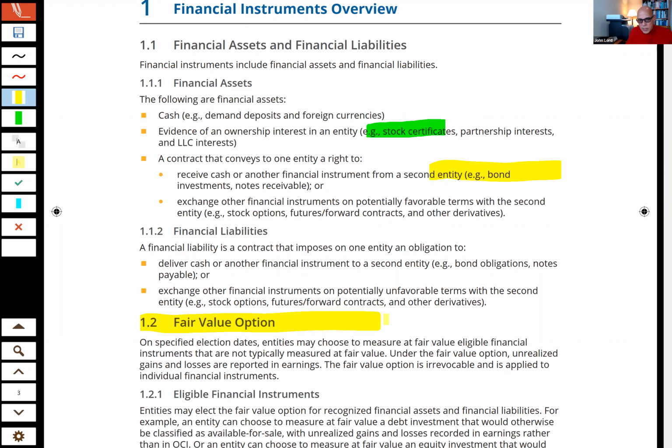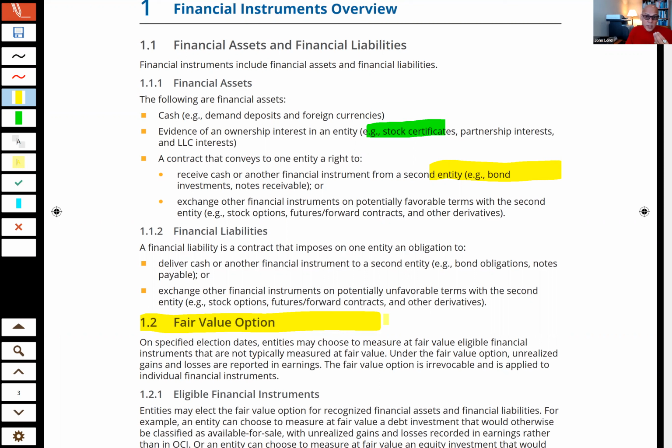But if you have a bond that you have determined is available for sale or held to maturity, or if you have enough stock to constitute using the equity method, you can make a one-time selection to treat that as though it was a fair value through net income investment. In other words, you could treat a bond as though it were a trading security, or if you were holding enough stock to use the equity method, you could elect to use the fair value through net income method.